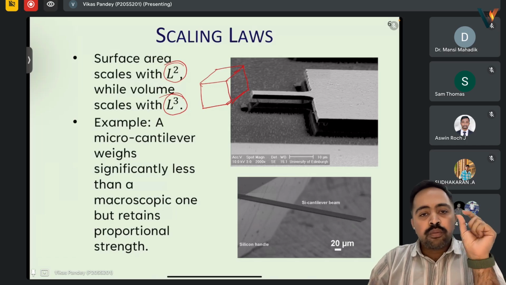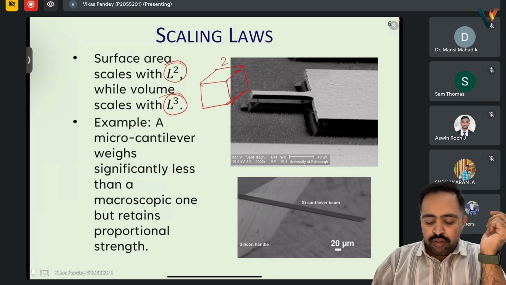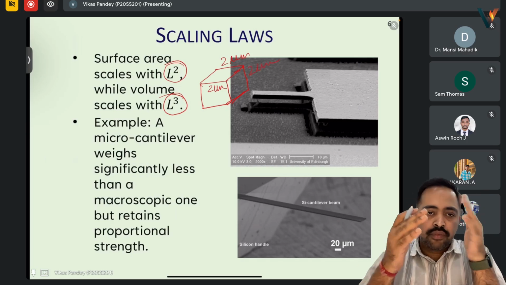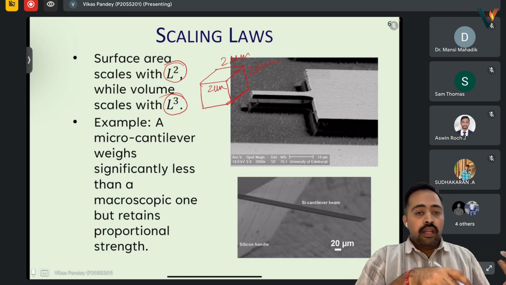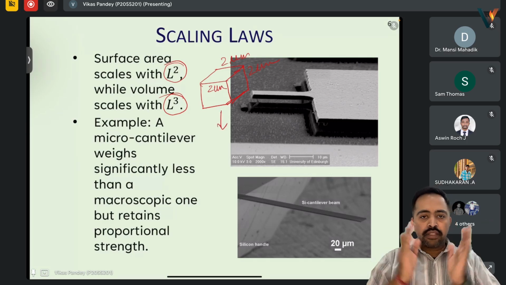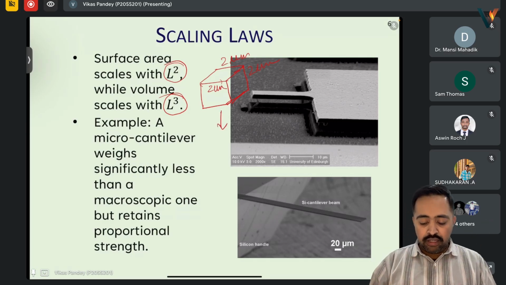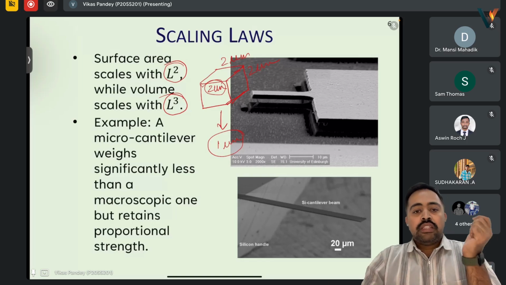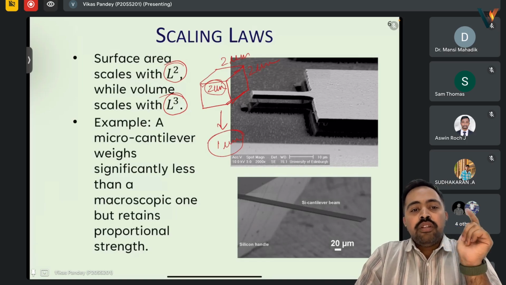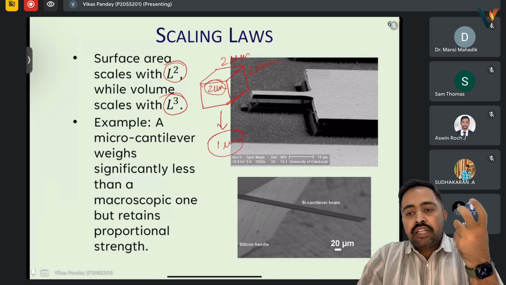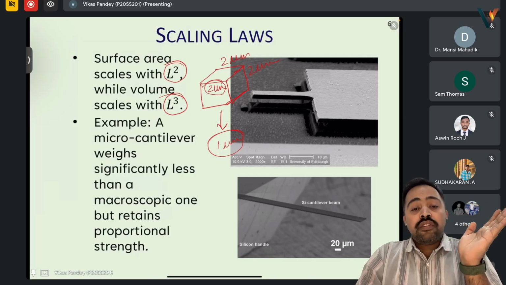if this is a cube, say all sides 2 micrometers. If you calculate its surface area and its volume, and then if you halve the sides, like all L from 2 micrometers to 1 micrometer, you will see the volume changes much more compared to the surface area change, and that's why the surface area to volume ratio increases.